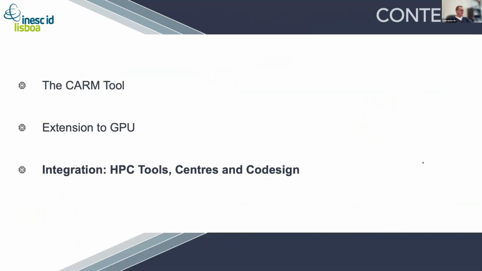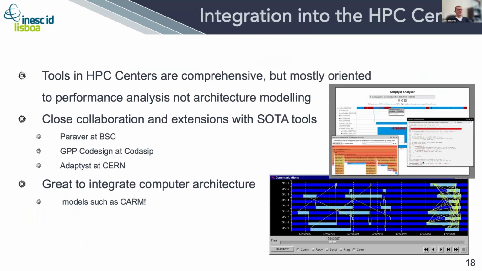In terms of recent works, which tackled the integration of the CARM tool into different HPC centers and co-design activities, the specific niche that we try to cover with CARM is that it provides this kind of architecture overview, whereas typically we focus only on the application domain, and this gives a little bit of distinction to the roofline analysis.